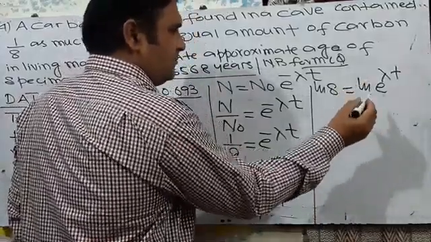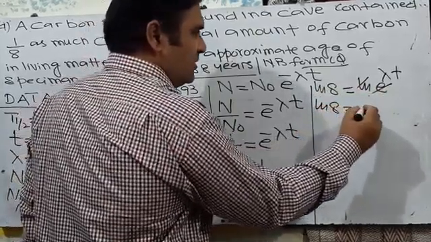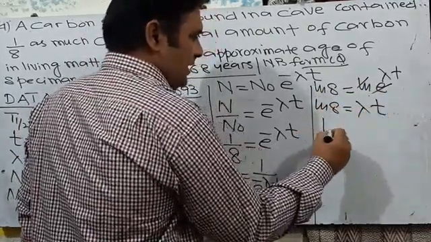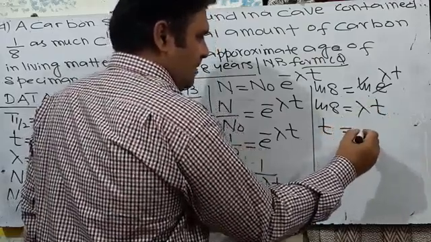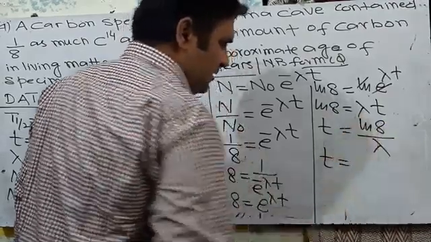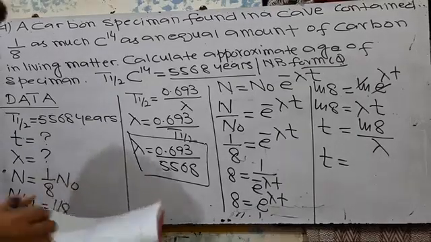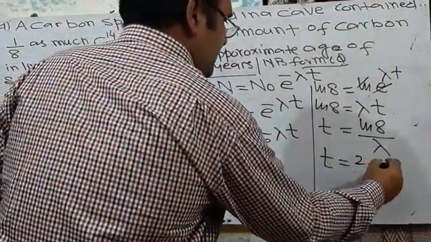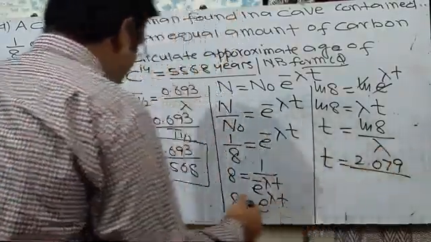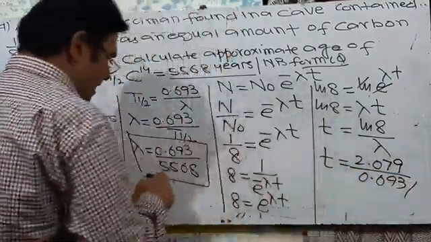We know the log and exponent functions are inverses of each other. So log 8 is equal to lambda t, so t is equal to log 8 divided by lambda. The value of log 8 is 2.079, divided by lambda, 0.693 upon 5568.